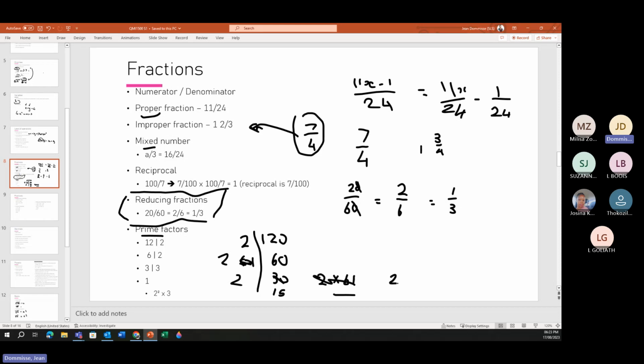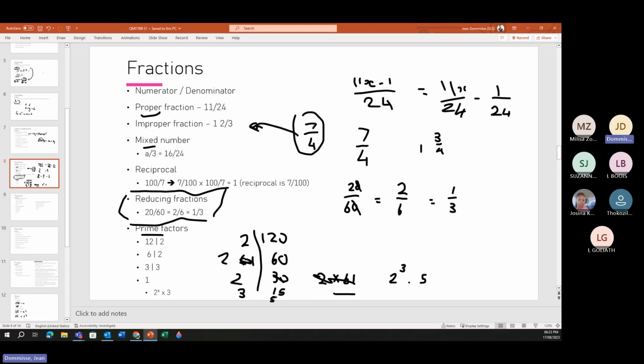So we have 2 to the power of 3, then we would say 3 goes into 15, that is 5 times. So 5 would have been left. 5 goes into 5 one time. So we would have then 2 to the power of 3 times 3 times 5, and that would have been your prime factors.